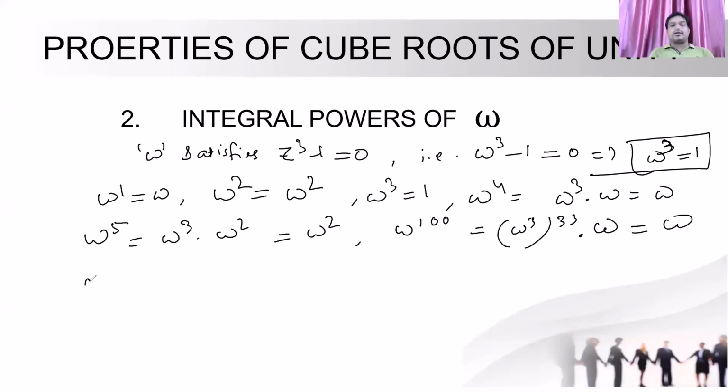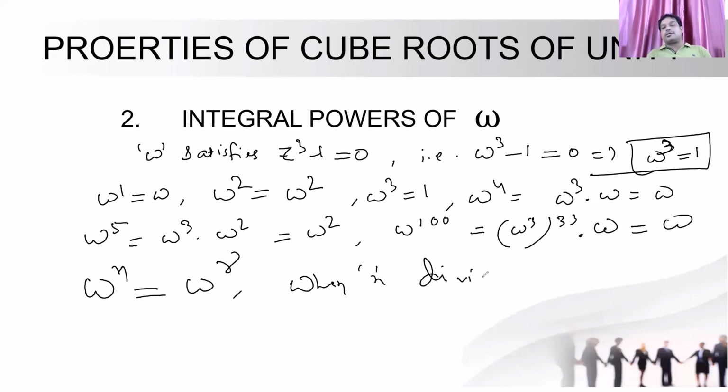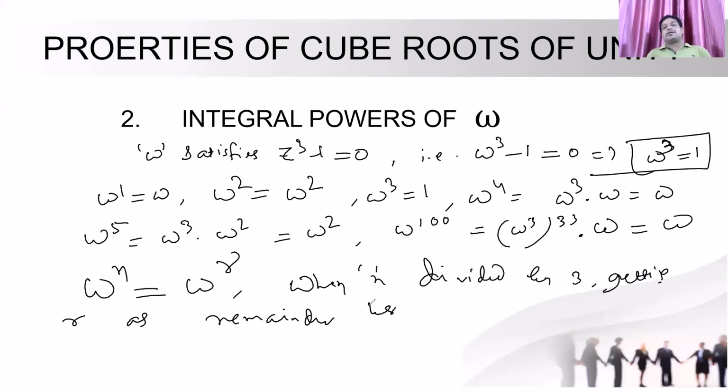So in this we can write omega to the power n equal to omega to the power r, where r is the remainder when n, a non-zero number, is divided by 3, and the remainder is less than 3.